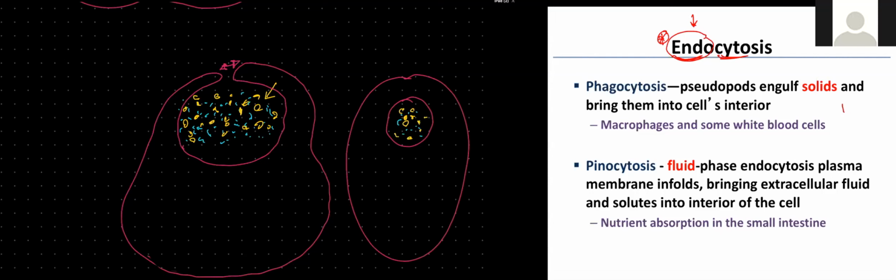So here, if I am moving fluids, or fluid phase endocytosis, from outside to the inside of the cell, it's like the cell is drinking. So we call this pinocytosis. If I move in a fluid-based substance to the inside, it's endocytosis.